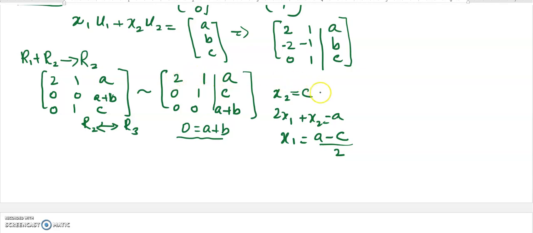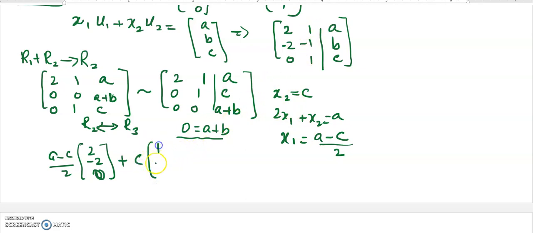If we input x1 as (A minus C) by 2 times u1, which is 2, minus 2, 0, and then plus x2, which is C, times u2, which is 1, minus 1, 1. Let's see if it is equal to A, B, C or not.